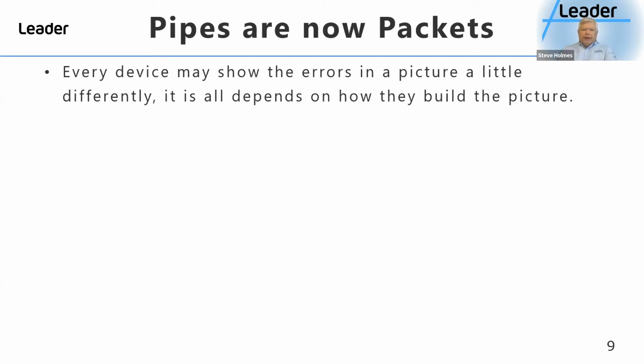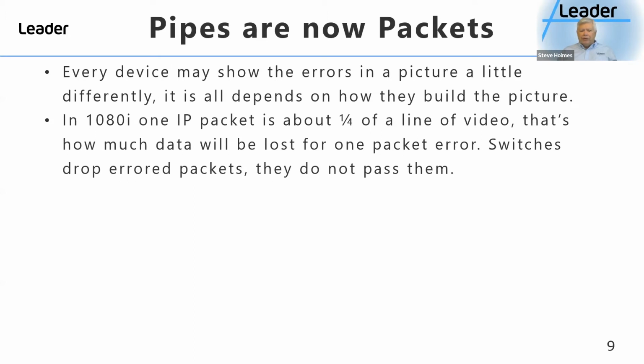Every device that we have when we're looking at this, waveform monitors, picture monitors, encoders, whatever we have, are going to react and show errors slightly differently. It's all based on how they build pictures.